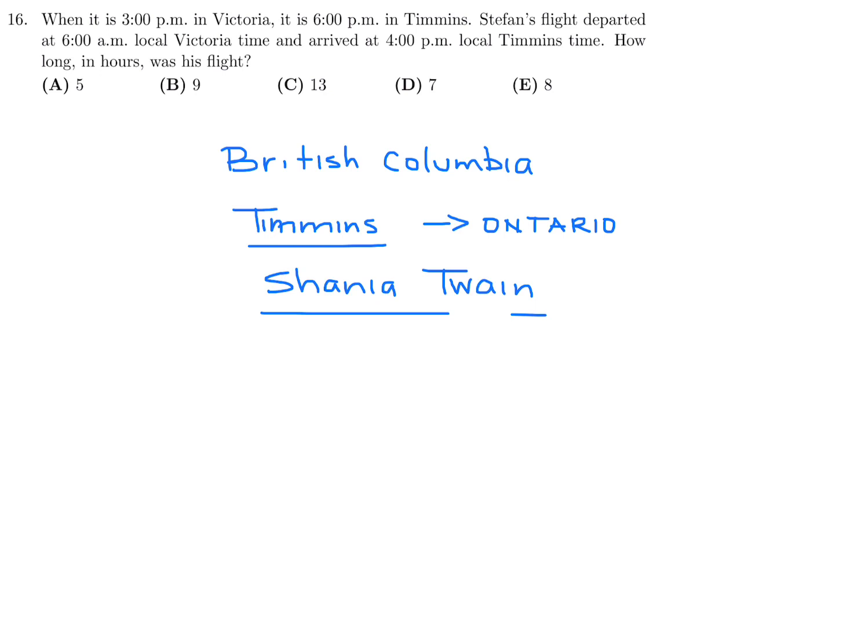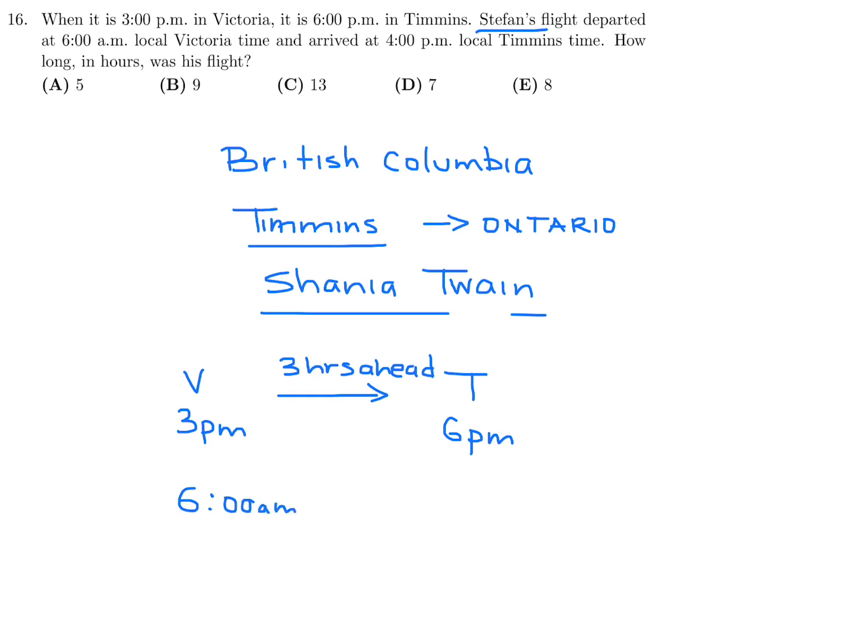So we have this question that involves 3 p.m. in Victoria, and they're saying that it will be 6 p.m. in Timmins. So that basically means that Timmins is 3 hours ahead in terms of its time zone. And then Stefan takes off at 6 a.m. on an airplane and goes to Timmins, and he gets there at 4 p.m. Timmins time.